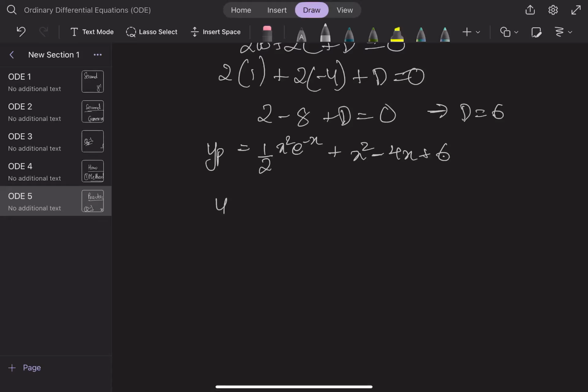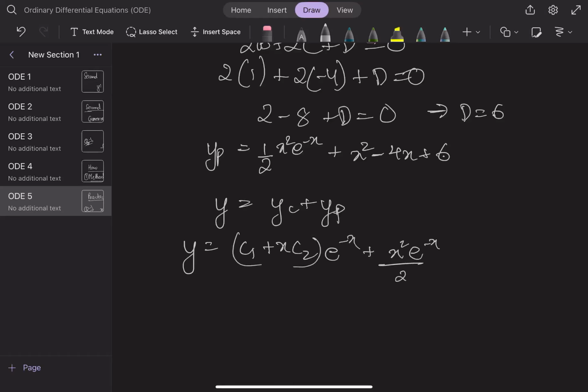So y is yc plus yp. So y becomes c1 plus xc2 e raised to minus x plus x square e raised to minus x divided by 2 plus x square minus 4x plus 6. And this is your final answer.